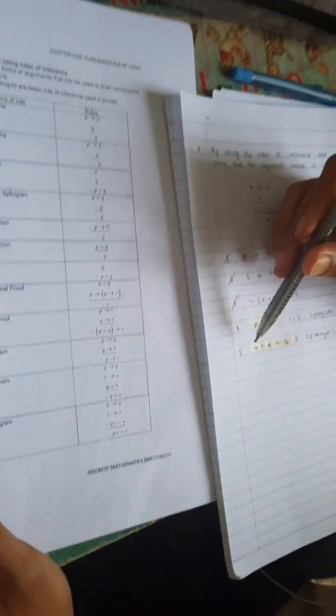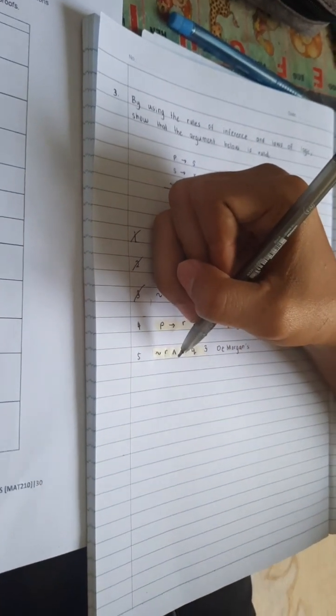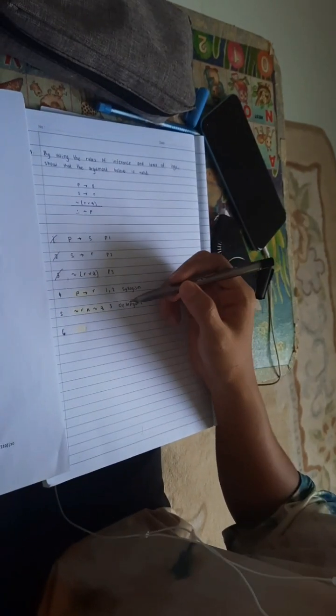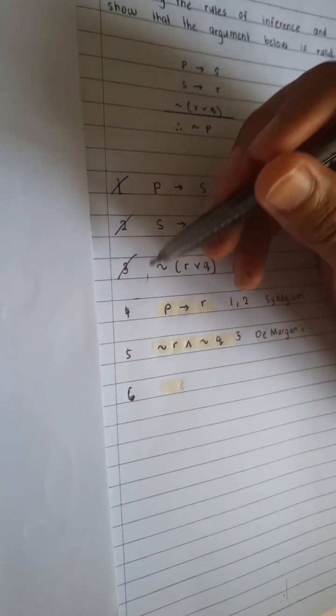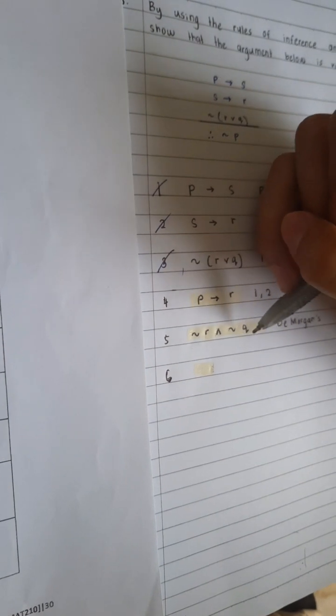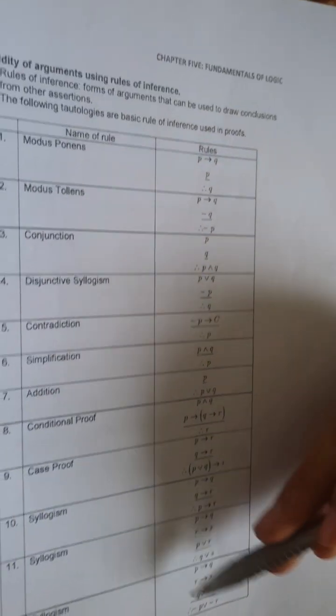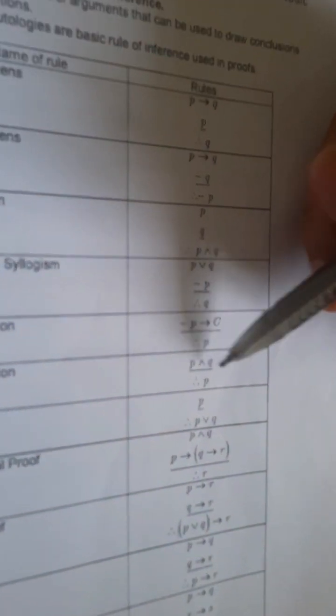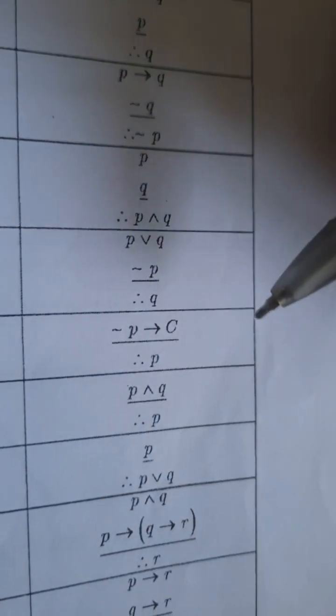Now look at 4, 5. Simplify number 5 first. Put step 6. After De Morgan's law, number 5 is not R and not Q. Can we solve? We have something similar in here. If you look closely, look at this, P and Q. It might look different, but it's just the same. We just put not in here.